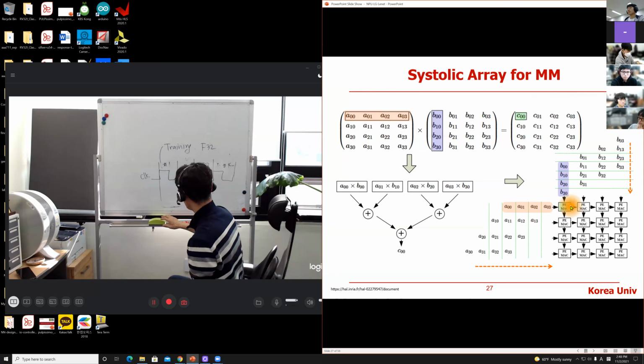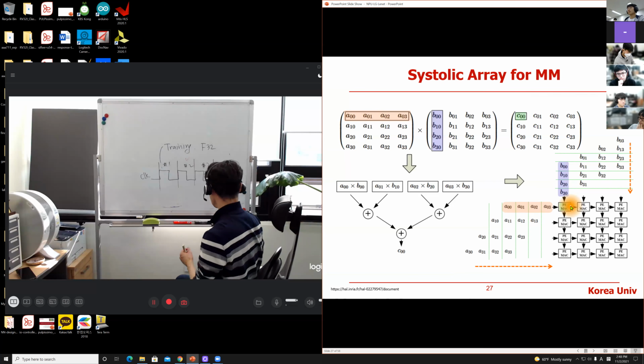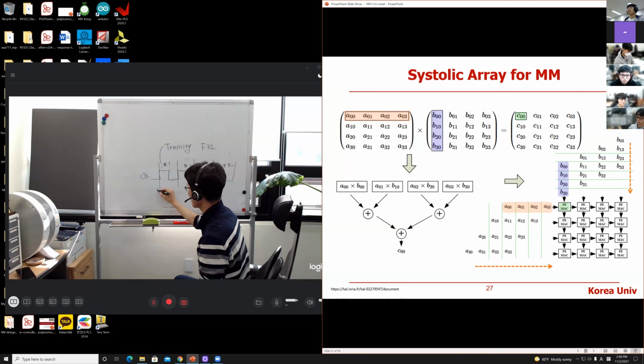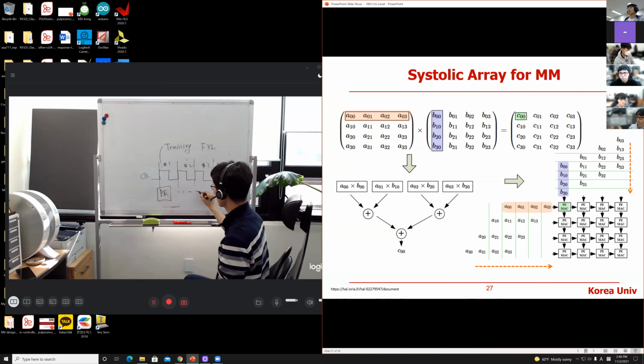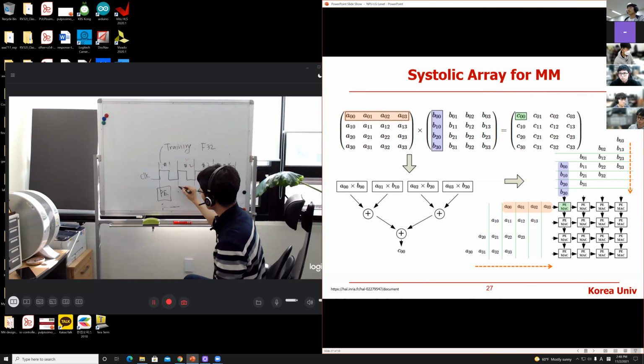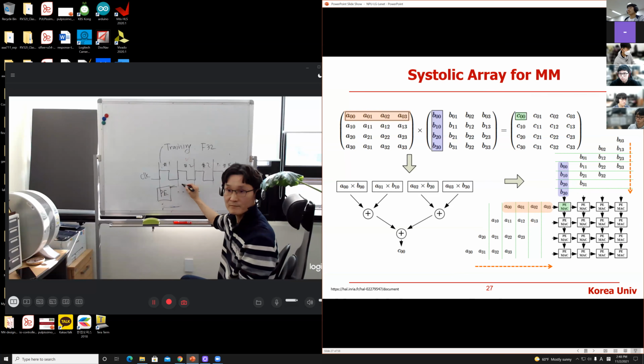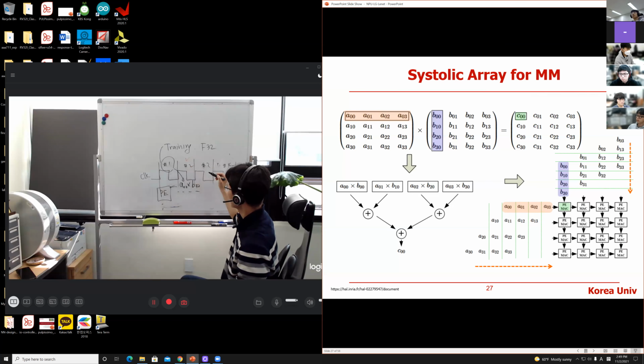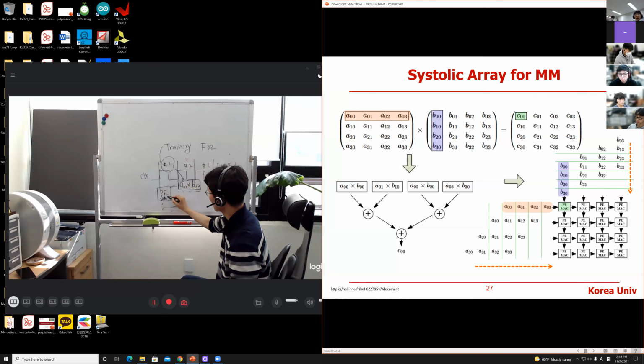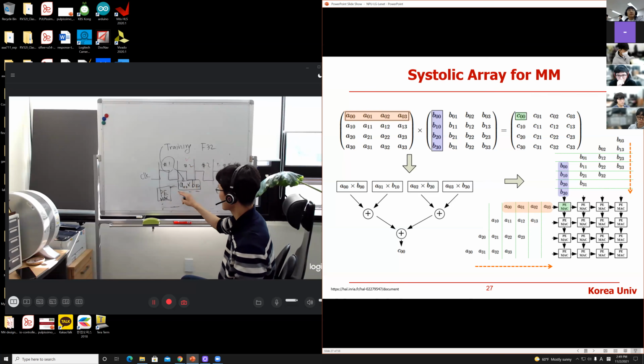A little confusing, but if you think carefully about the first PE, you have 4 PEs. What is that PE doing? It is doing A03 multiplied by B30 in clock cycle number 1. Then in clock cycle number 2, that result is stored in the accumulator. It is a MAC, multiplication and accumulation, stored inside here. And then in clock cycle number 2, what is it doing?